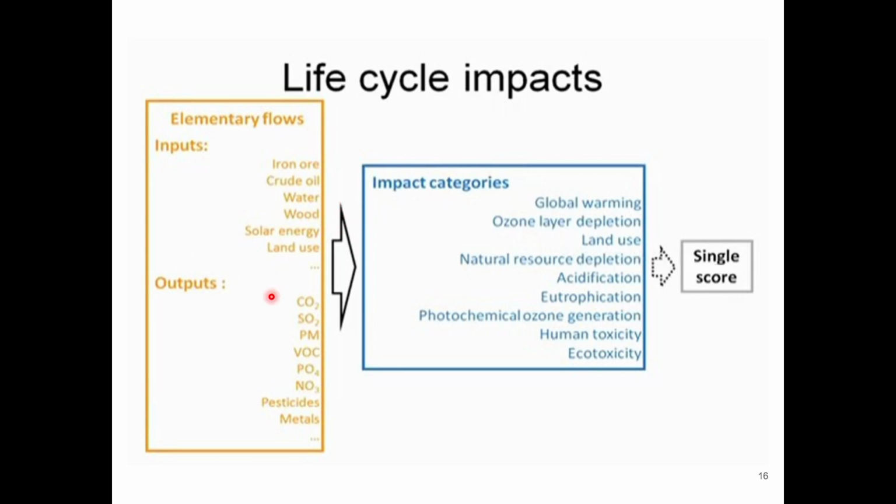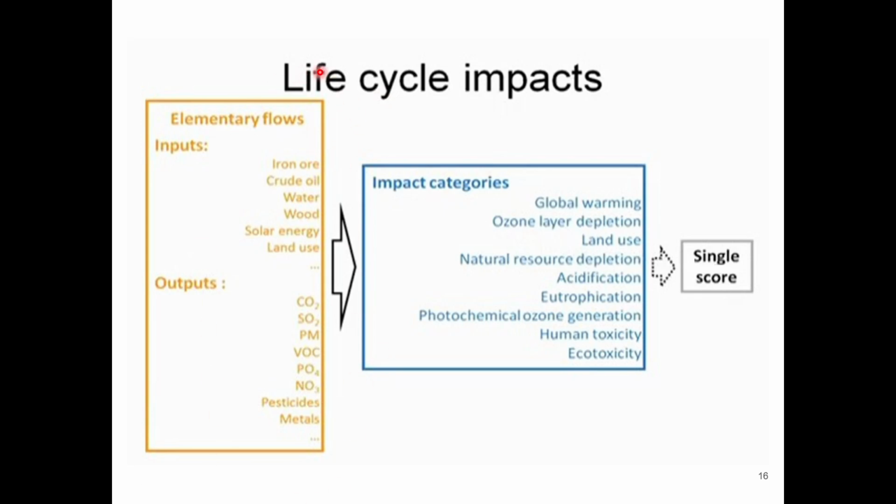The processes themselves don't result in any life cycle issue. The life cycle issue is created due to the inflow and outflow of all the materials and ingredients, that is, the elementary flows, which result in the requirement of the life cycle. That's why the elementary flows, which are the inputs and outputs, matter.